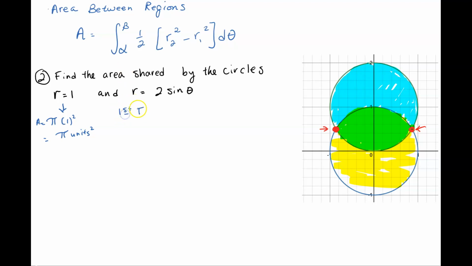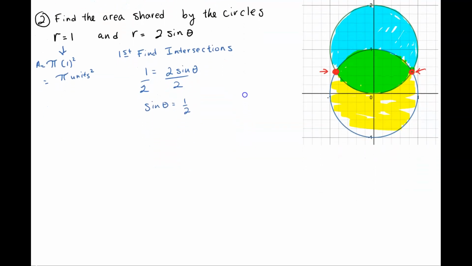First, find the intersections. And when we find the intersections, what we're doing is setting the two r's equal to each other. So we're going to say 1 equals 2 sine theta. Very simply put, we can divide both sides by 2, and we can say that sine theta equals 1/2. All right, so where does that happen?